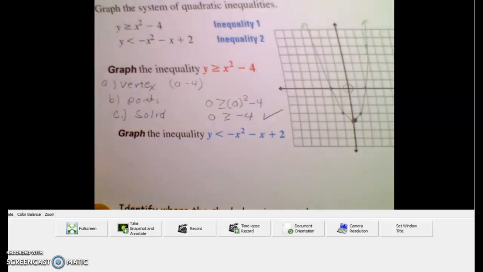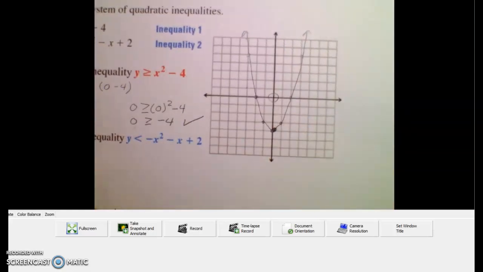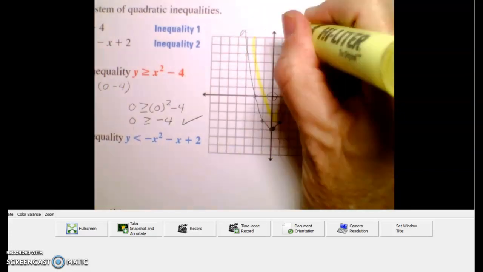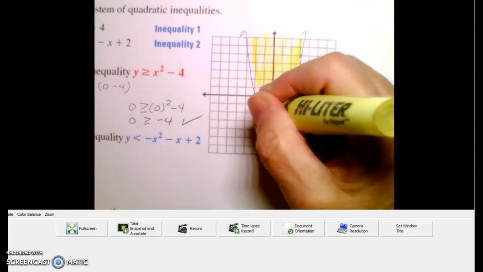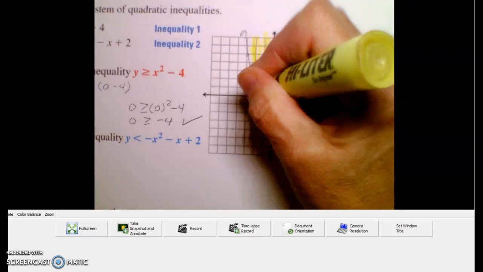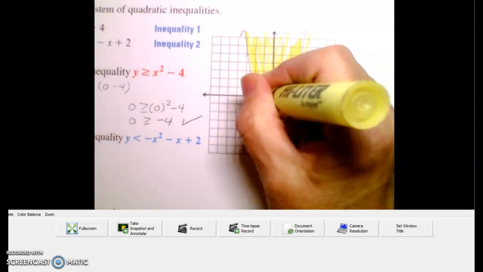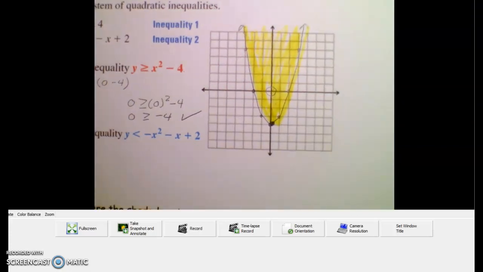So if it's true, that means that my solution is inside here. I'm going to take a highlighter and highlight that. In this case, it also includes the line. It's a solid line. So everything inside there is part of my solution.